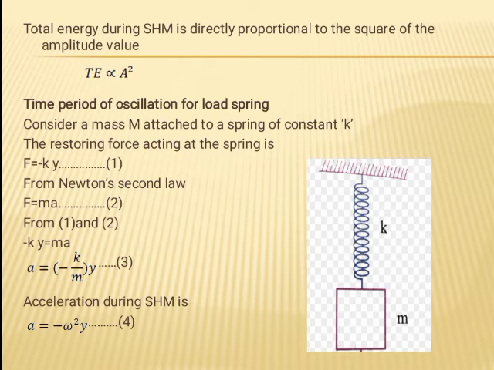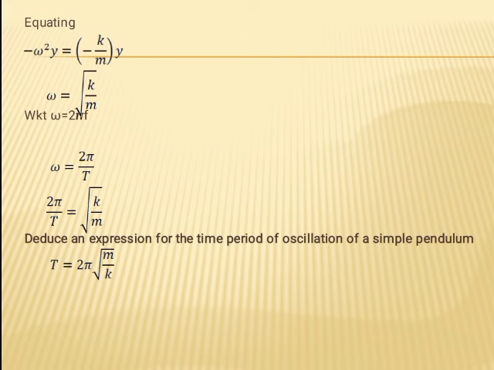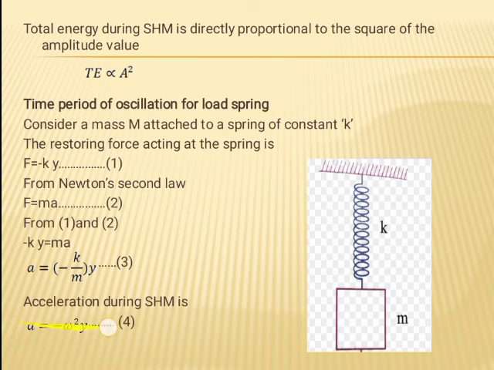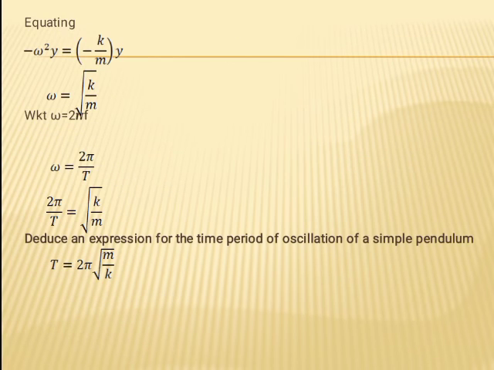So what is it? a is equal to minus omega square y, right? This is the acceleration we derived for simple harmonic motion. So I'm taking both equation 3 and equation 4. Equating both, what would I get?